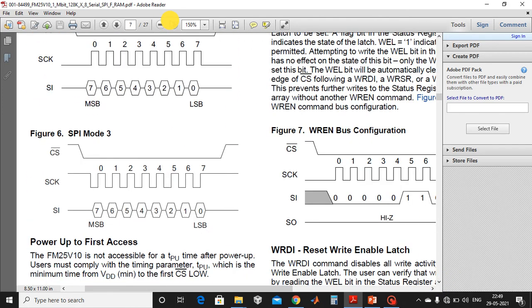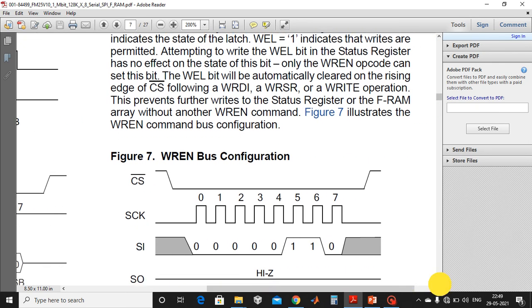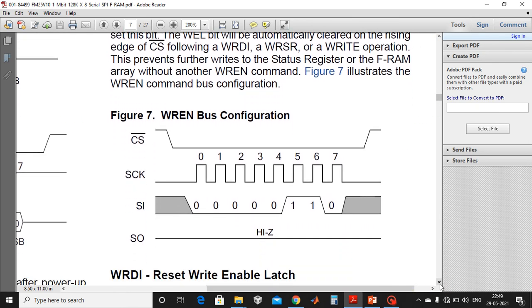So we can take this as an example. For now, assume that this is a data phase of this device. So let's try to analyze this data.